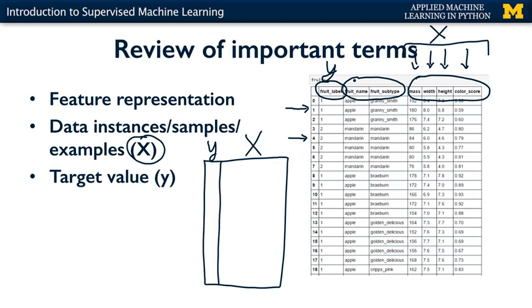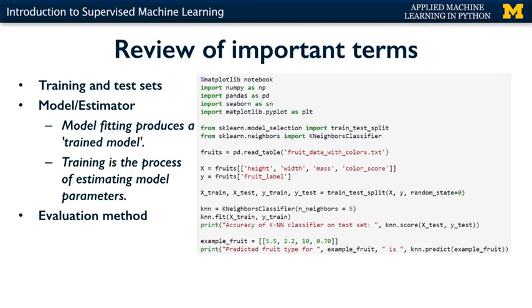The things that go into the actual machine learning algorithms are the label for training through the y variable and the features, the mass, width, height, and color score that are in the X variable. Another concept that we saw from our first example were the concepts of training and test sets.